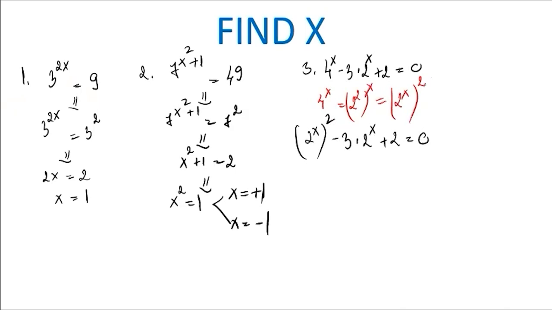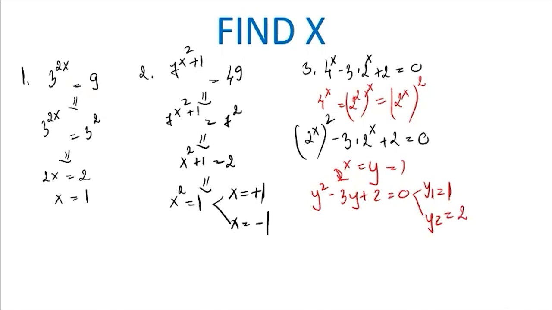So in this case, I'm going to rewrite 2 to the power of x as y, and the result is a second degree equation. When I replace 2 to the power of x, I have two solutions: y1 equals 1 and y2 equals 2.